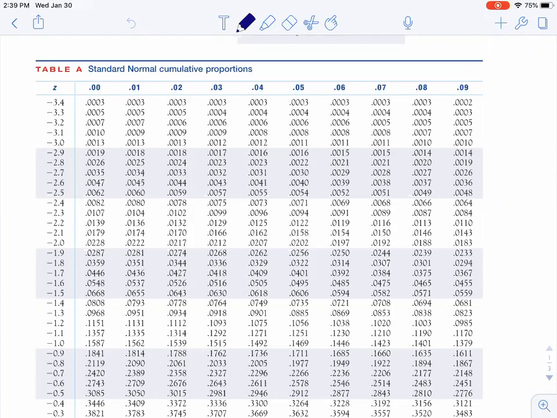So if we're looking for something like negative 5, all we can say is that it's beyond negative 3.49. Negative 3.49 has an area in the tail of 0.0002, tiny. That's probably why they said we're just going to stop calculating these here. That's small enough, we can just say approximately 0.